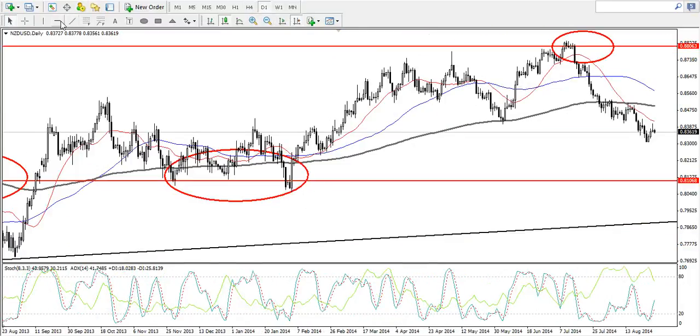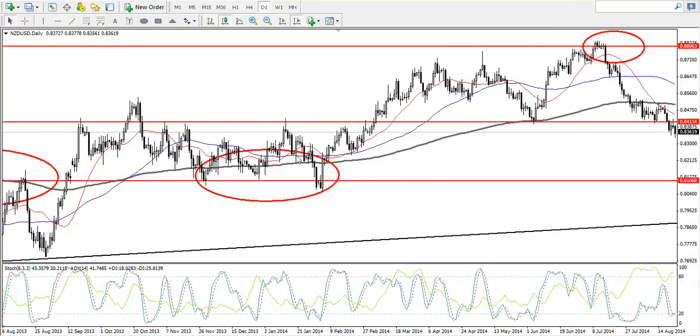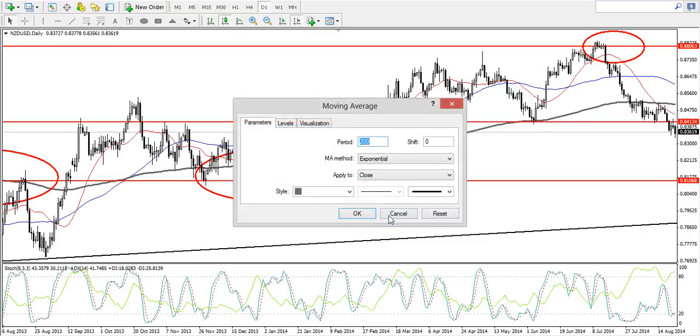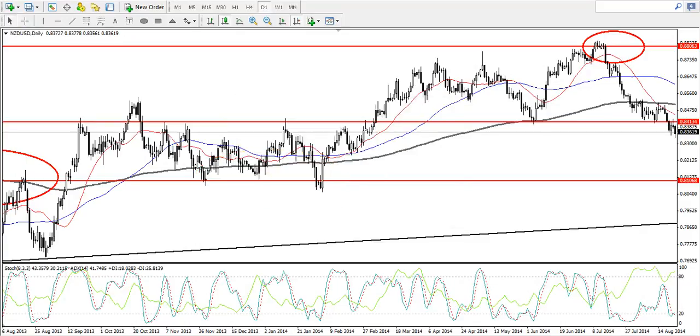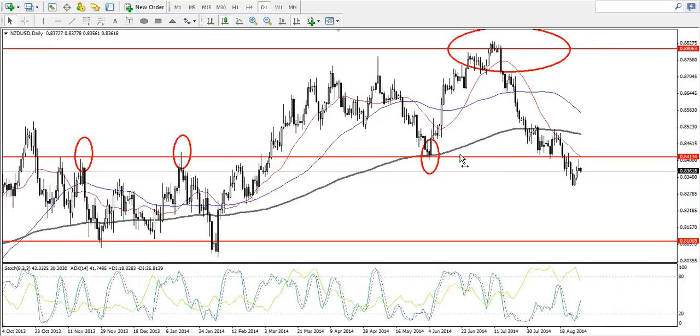Previously the only thing that we had to look out for was this resistance level. You can see the price has been resisted quite well here and here as well, and then it turned into the support level.